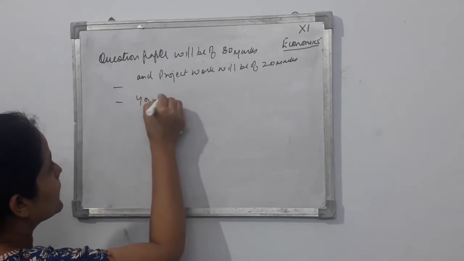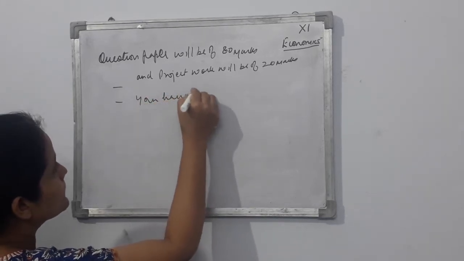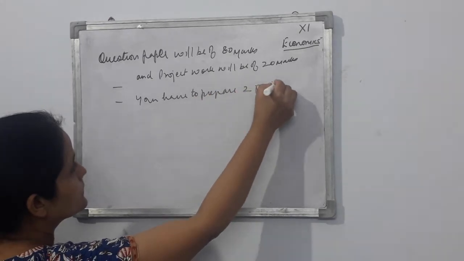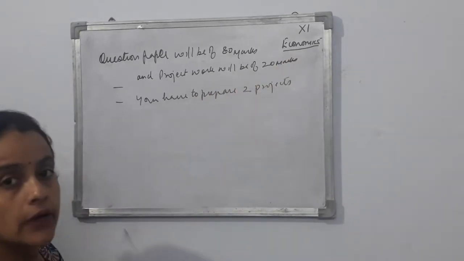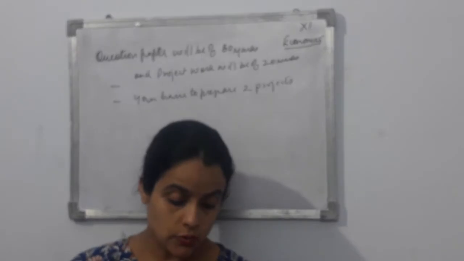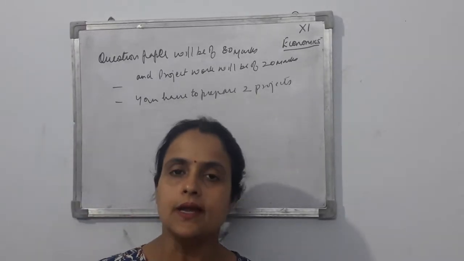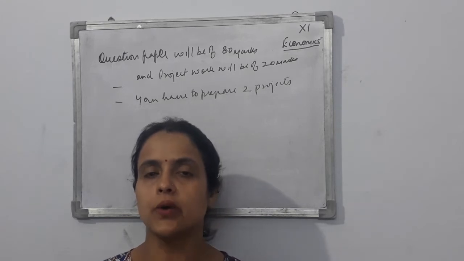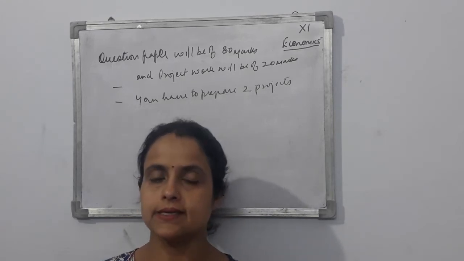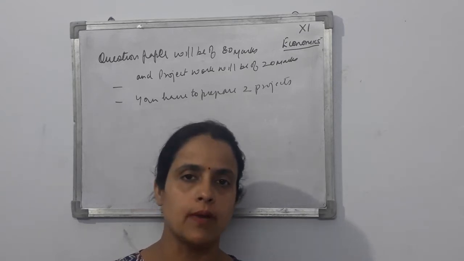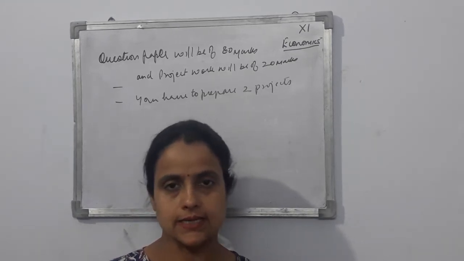You have to prepare two projects. So class, your paper is going to be for 80 marks, right? Out of which 40 marks is going to be your part 1, that is Indian economic development, and part 2 is going to be of 40 marks, that is stats, right?